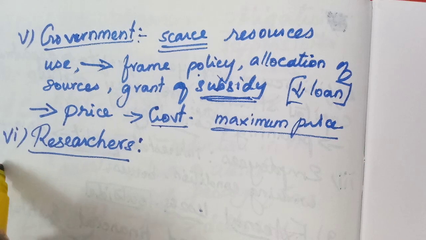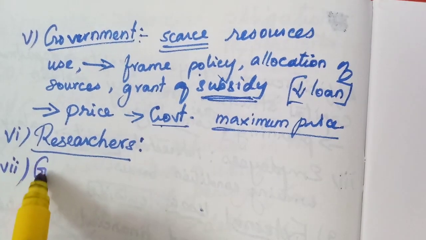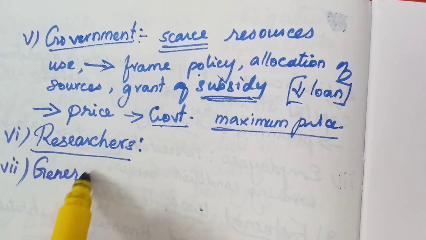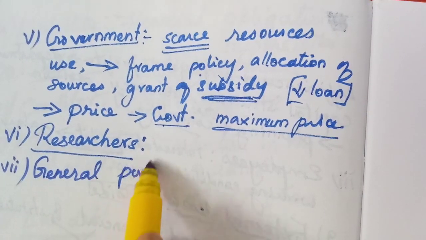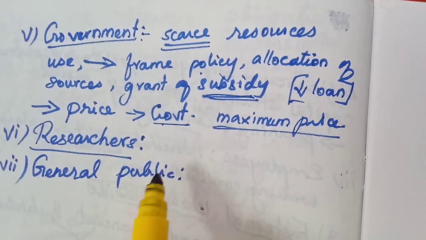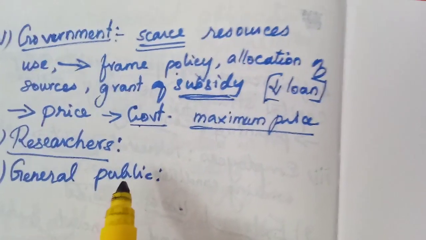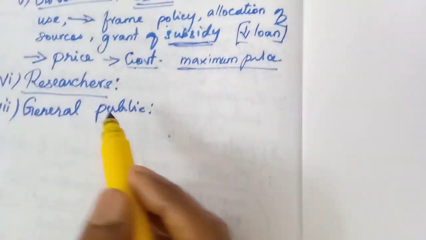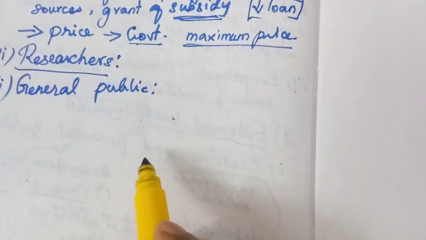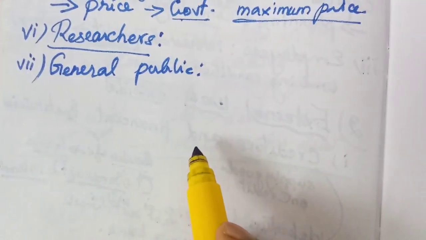Then the last one, general public. The people who never come under the above heads. Not owners, not investors, not creditors, not government, but the public where the company is situated. Around the company, many public people will be there, isn't it?